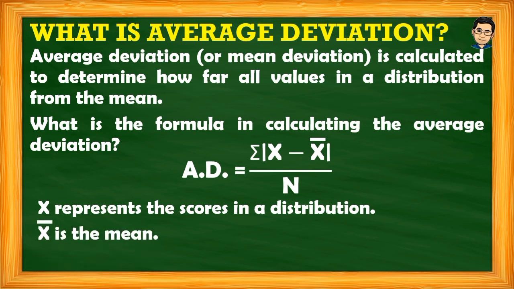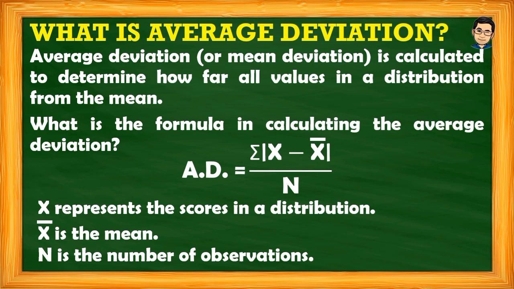And then yung x bar naman is yung mean. So kaya siya merong absolute value kasi kahit na makakuha tayo ng negative, positive pa rin po yan. Basta tandaan natin, pag may absolute value, lahat ng magiging values natin ay puro positive. And then n is the number of observations, the total frequency. Okay, halimbawa, the number of students.